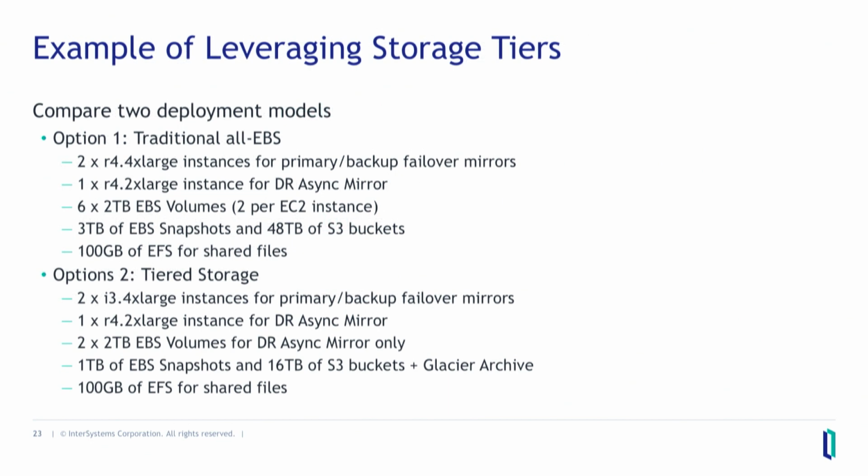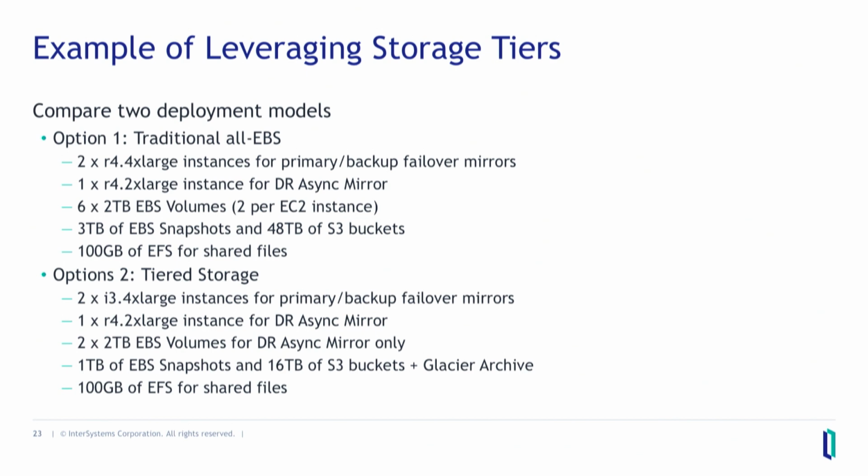So we're going to compare two different deployment models. Option one has the characteristics we have listed here. It's a pretty simple Amazon deployment, more of the traditional type deployment where you have two mirror members, maybe a DR async mirror member, and that 6 terabytes I mentioned earlier, maybe 3 terabytes of EBS snapshots for a month, and maybe 100 gigabytes of EFS for NFS shares or something like that.